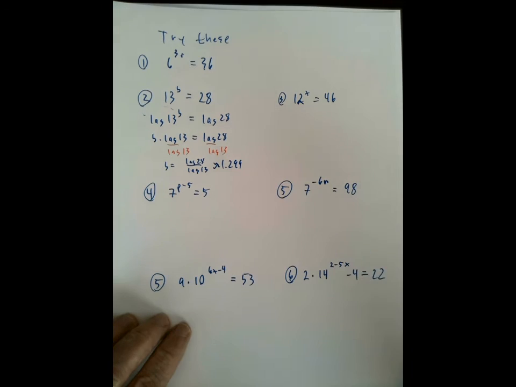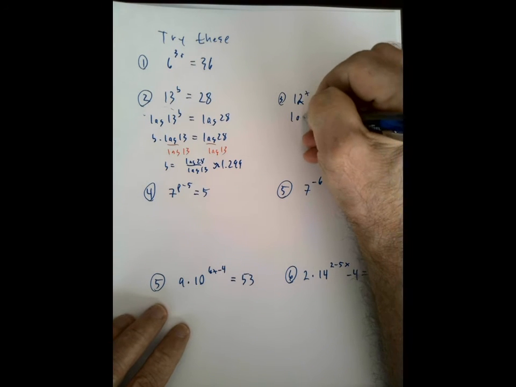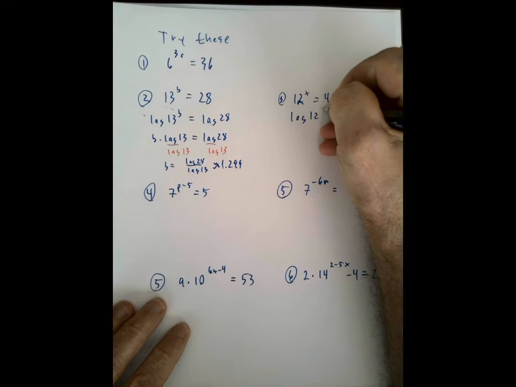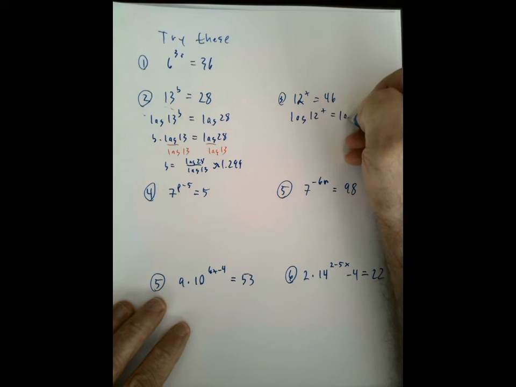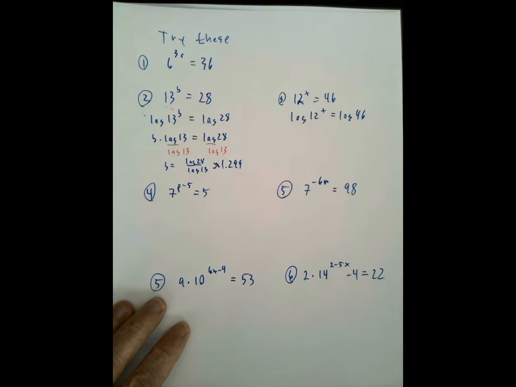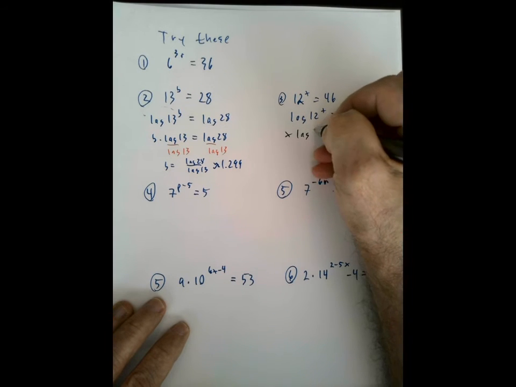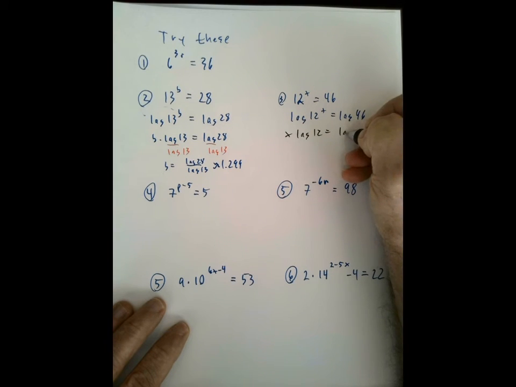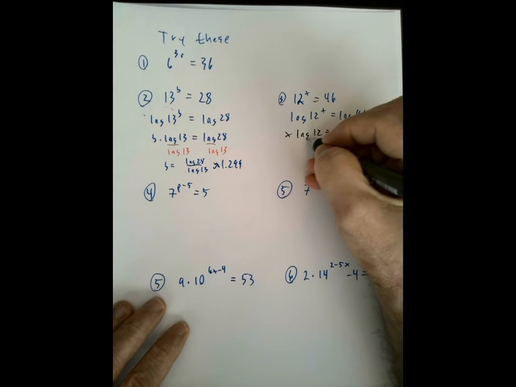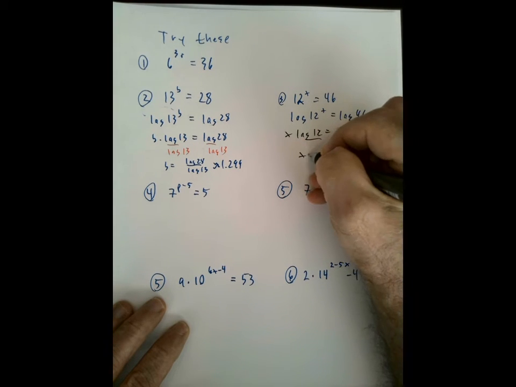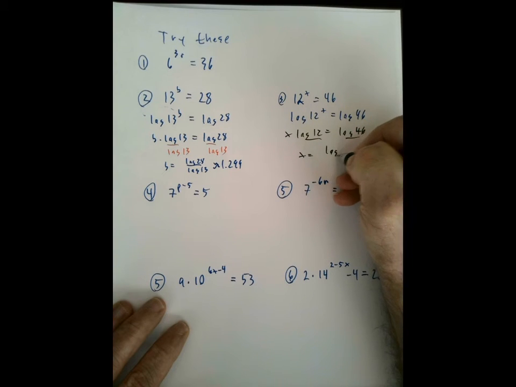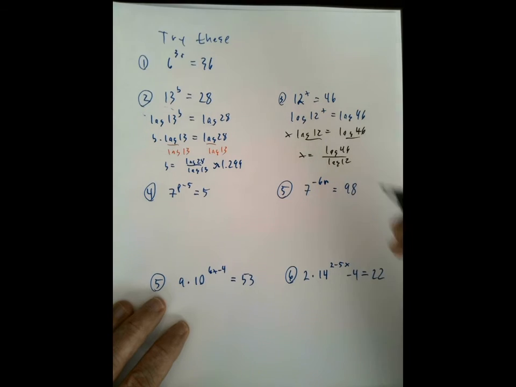Okay, this guy here, we're going to log both sides. All right. X swings out front. So I've got x log 12 is equal to log 46. Divide both sides by log 12, right? X is equal to log 46 divided by log 12.